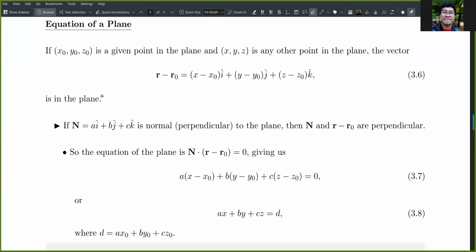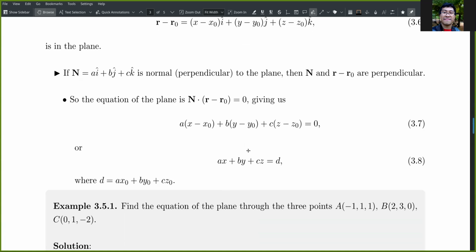In a plane, if you have x naught, y naught, z naught, a given point in the plane, and x, y, z another point, you can connect the two. That would be r minus r naught. If n is perpendicular, we take the dot product of n dot r minus r naught. It should be 0 if they are perpendicular. So we get this expression.